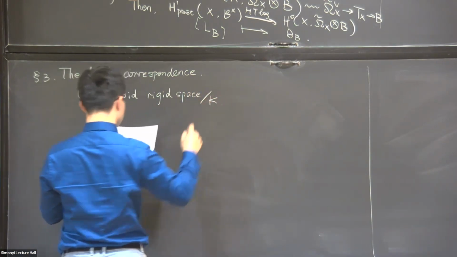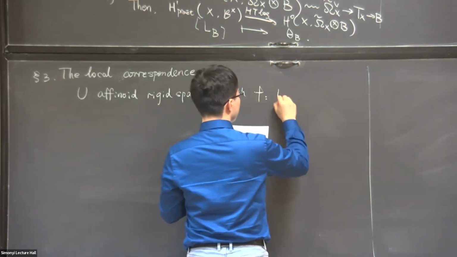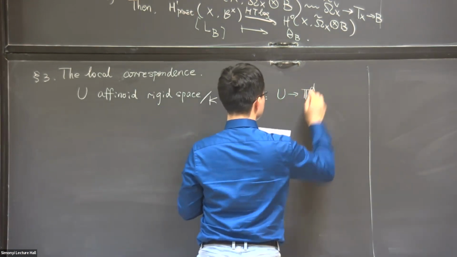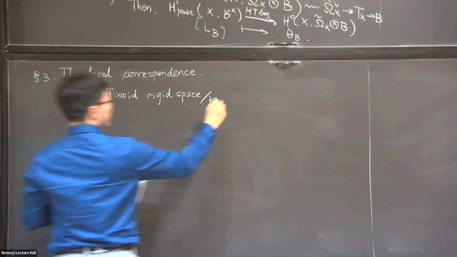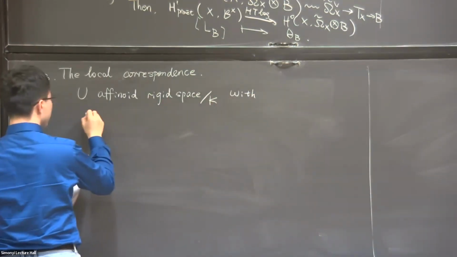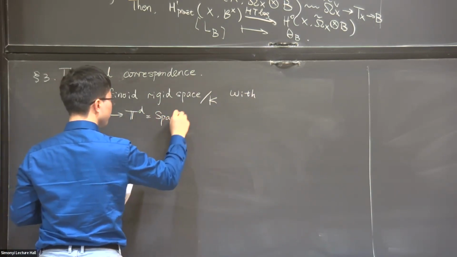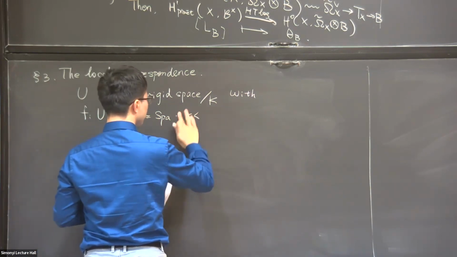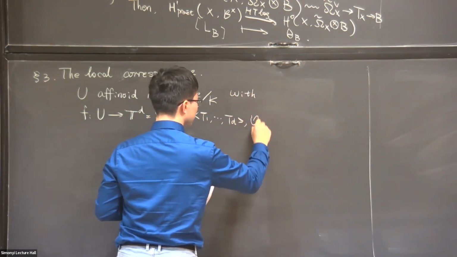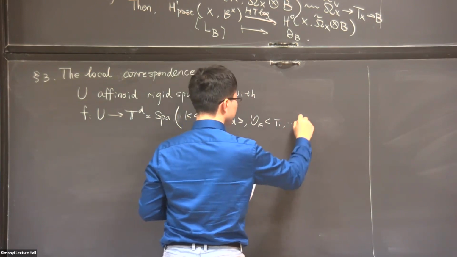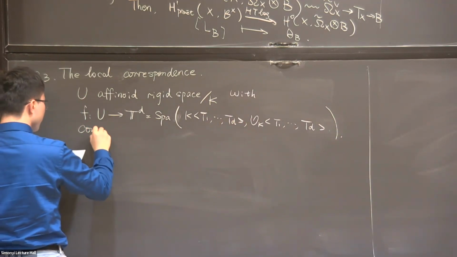over K, with the map F from U to the torus, which is a composition, which is standard data.